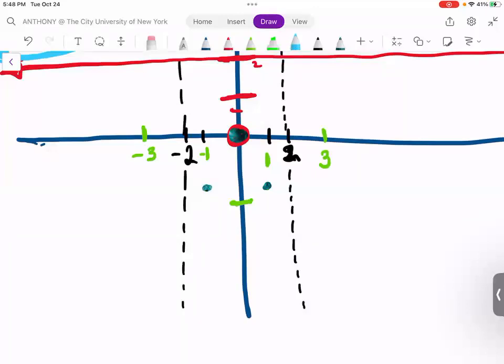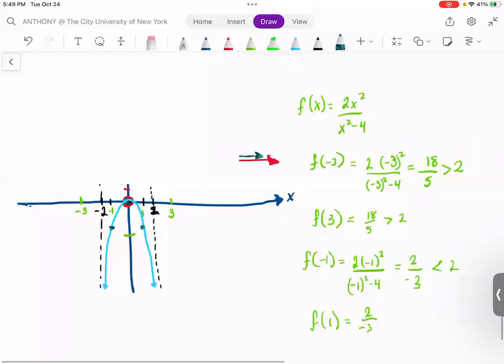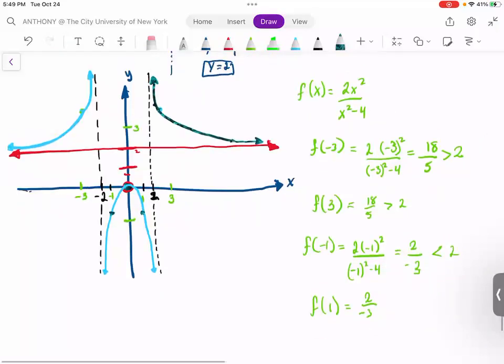There you go. So we're going to have this. You could have plugged in more points to see that this is true. But overall, this is what your graph is going to look like. All right. And that's how you complete this problem in a 7-step process.